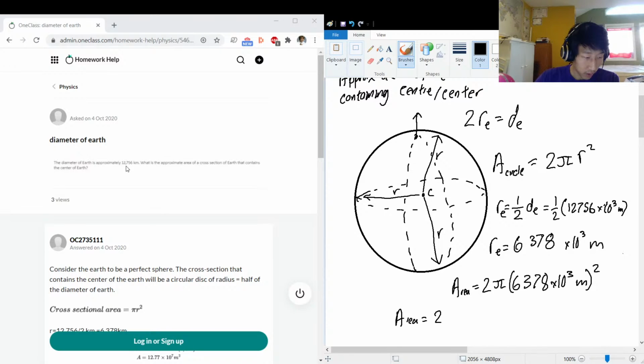So 2.5559, and that would be 5 significant digits, times 10 to the 14, and that's meters squared. Square meters.